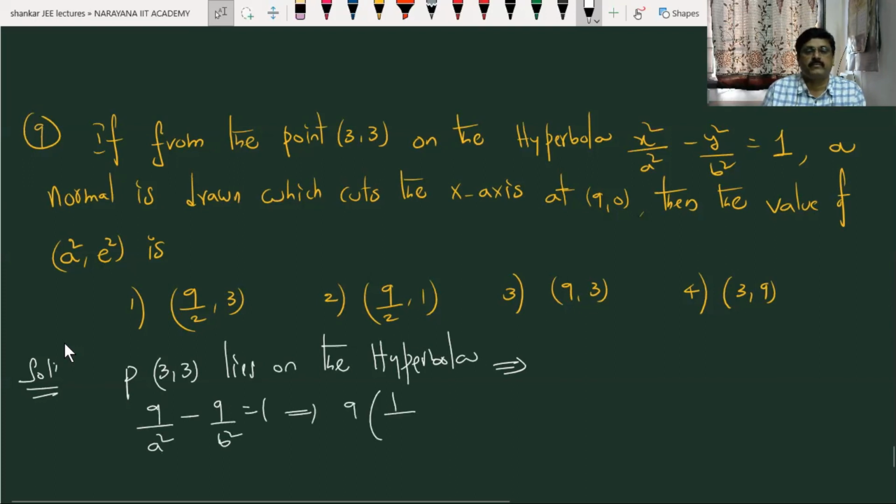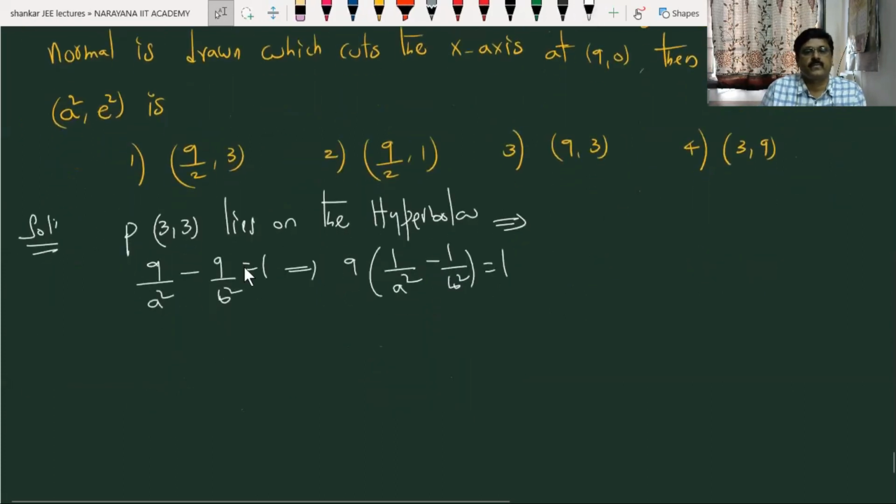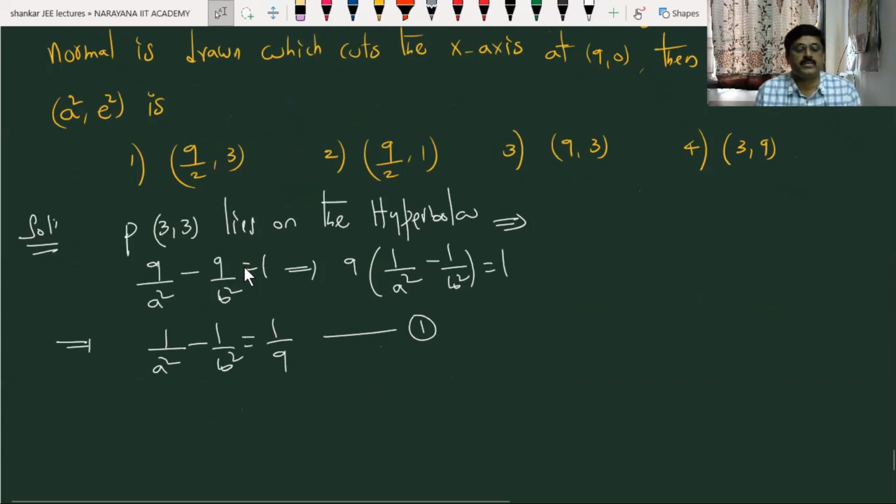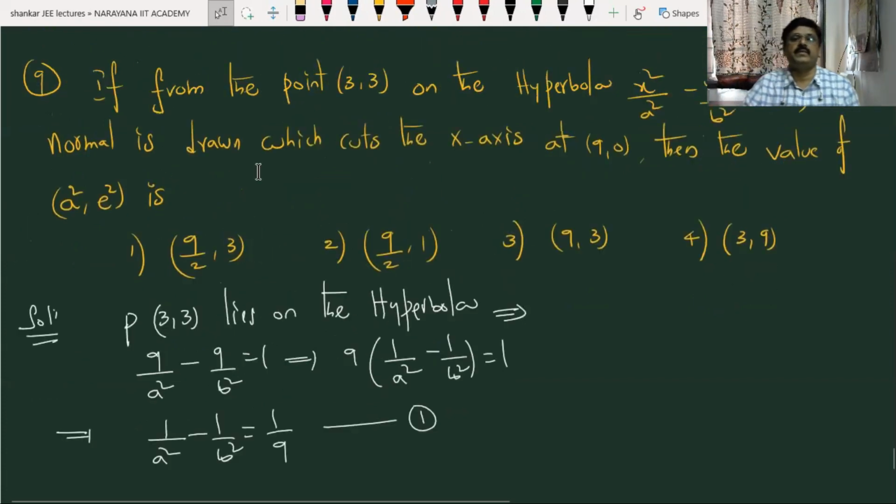So 9 of 1 upon a square minus 1 upon b square is equal to 1. Therefore, you have 1 upon a square minus 1 upon b square is equal to 1 upon 9. Equation number 1, students.